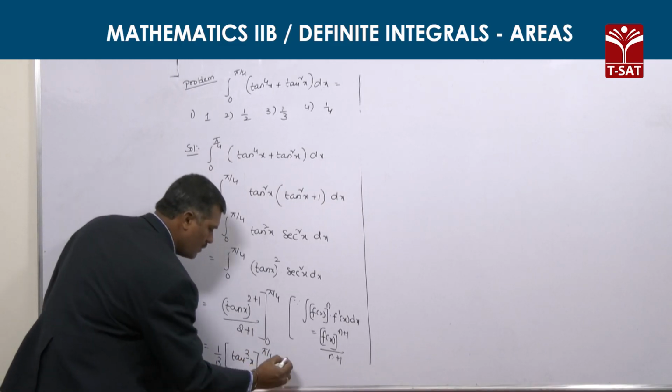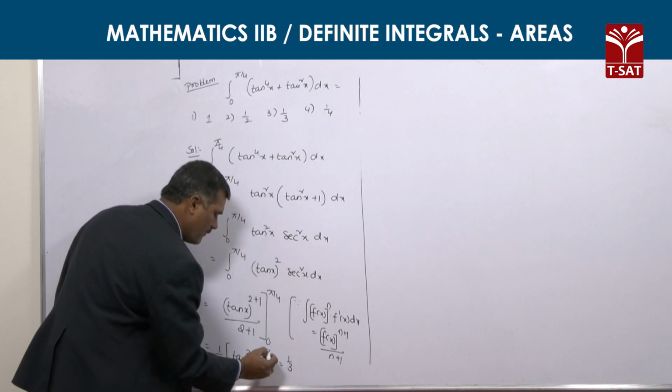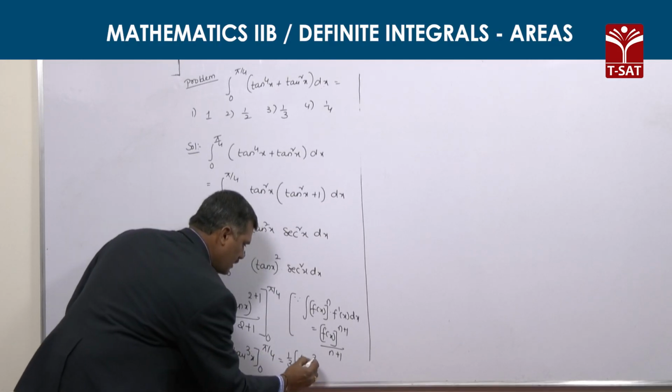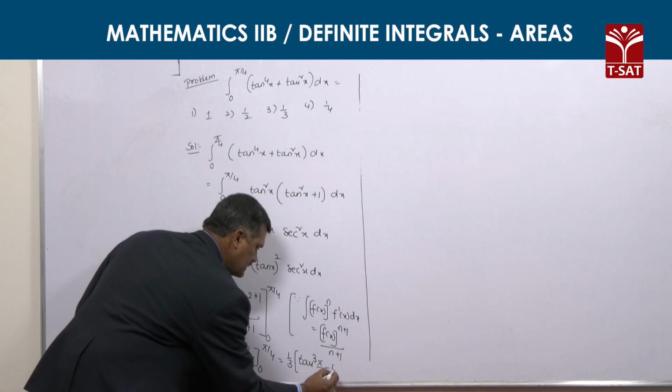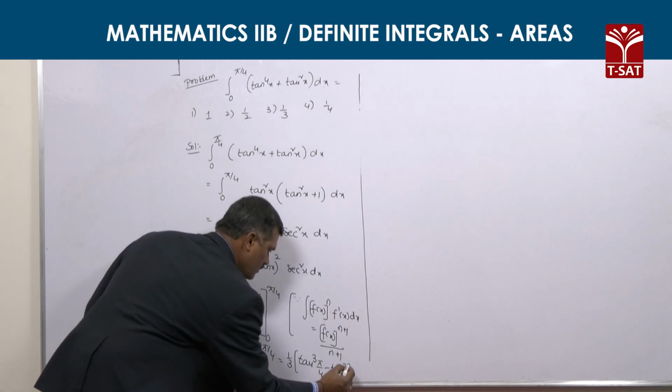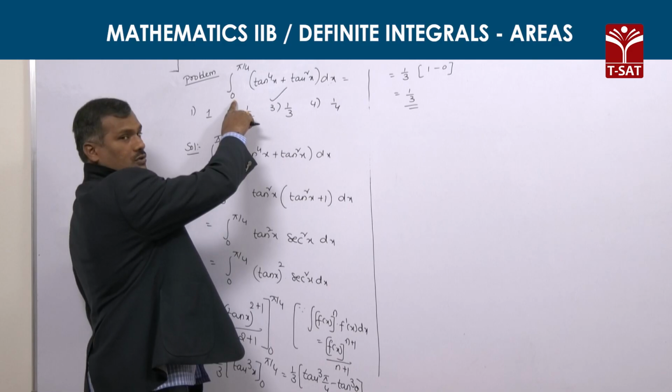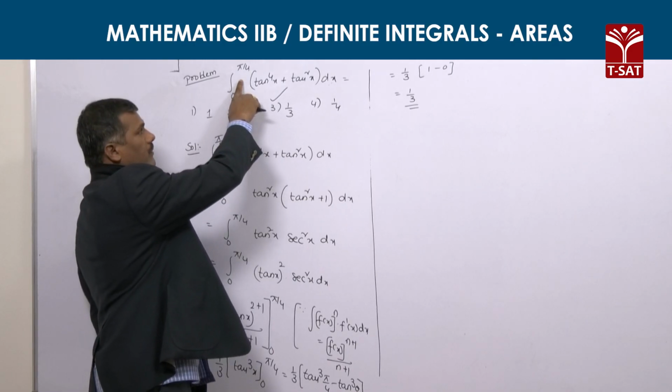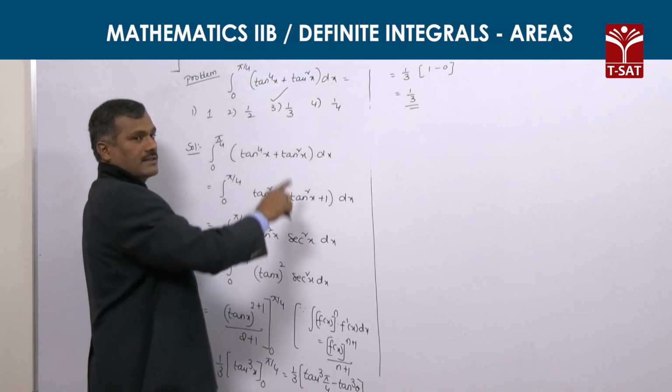That is equal to 1 by 3 into the upper limit tan cube of pi by 4 minus tan cube 0. Next problem: the integral from 0 to pi by 4 of tan power 4x plus tan square x dx.